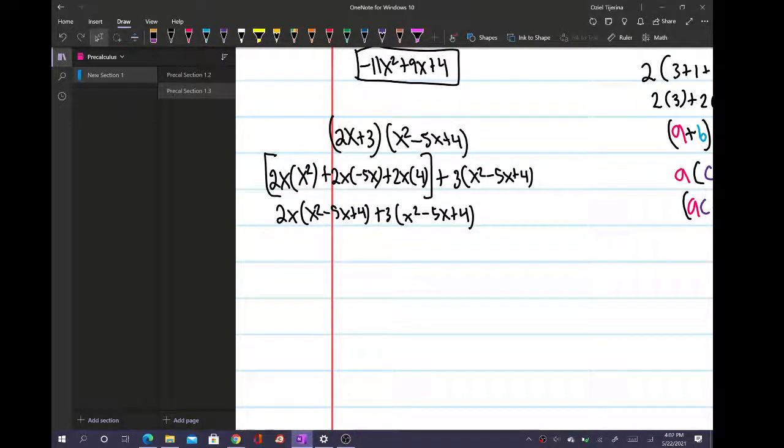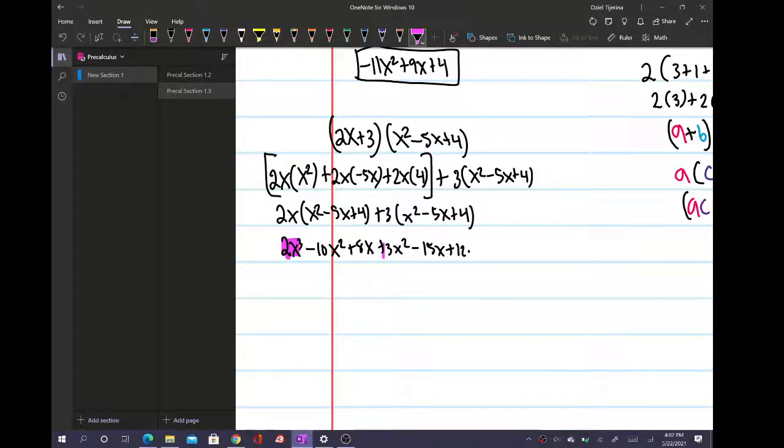So this is a lot easier than doing the FOIL method, right? All you have to do is multiply it out. So you have 2x cubed minus 10x squared plus 8x plus 3x squared minus 15x plus 12. So then you combine like terms, right?